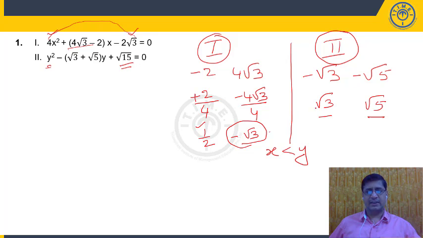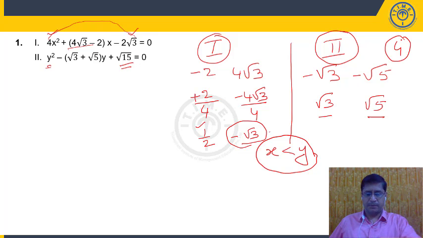So x is less than y. And √5 is also more than 1. So 1/2 is less than √3 as well as √5. So what is the condition here? x less than y. So the right choice for this question is option 4.